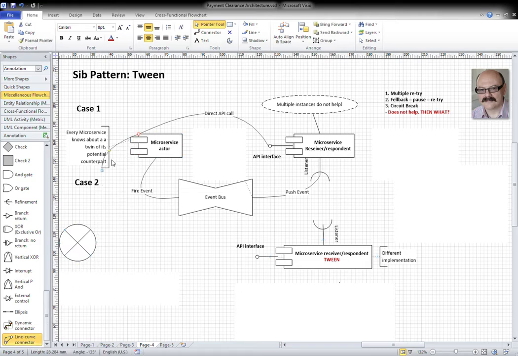It tries to connect to the interface of the twin. And it is again a direct API call.